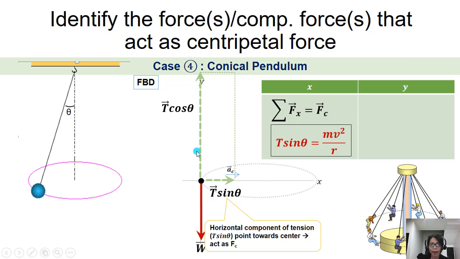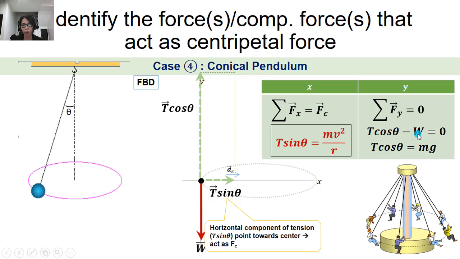Along the y-axis, the object does not perform any motion, so we apply Newton's first law. The summation of force components in y is 0. T cos theta upward as positive, weight downward as negative. So we have T cos theta minus W equals 0. Weight is mg, so we move it to the right-hand side, and we get T cos theta equals mg.